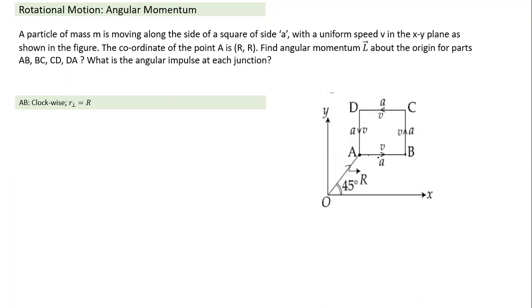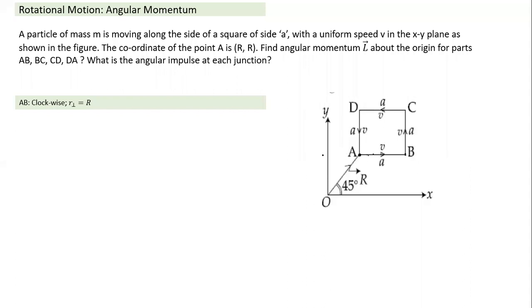So let's see how we calculate the angular momentum when it moves between A and B. At every point, its angular momentum about O is constant. What we need here: we know the momentum mv, and we only need the perpendicular distance. In all cases, the momentum is mv in the direction of the arrow. To find the angular momentum about O, we need the perpendicular distance.